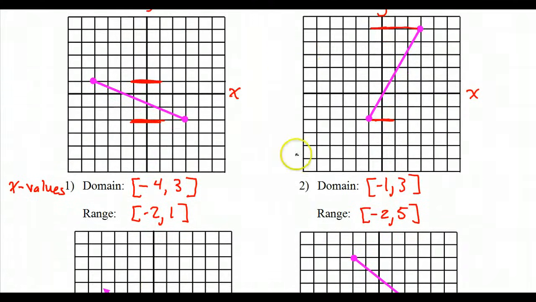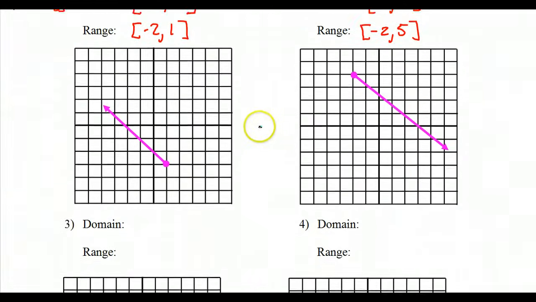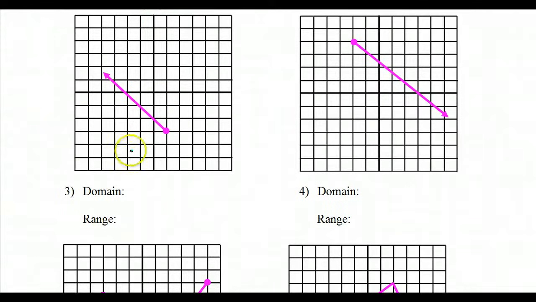All right, this might be confusing because the problem numbers pertain to the graph that's above, so don't get confused. Okay, so as I look at problem number 3, it's this graph right here. Now the domain, again, I'm looking for x values when I talk about the domain, and so I'm looking for how far does this graph go from left to right. Now you see this arrow here on the end.